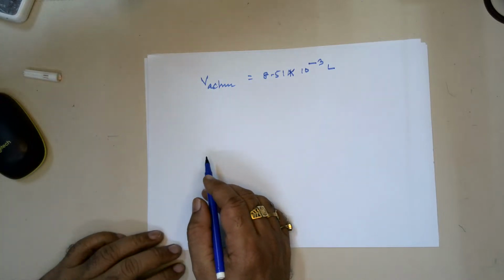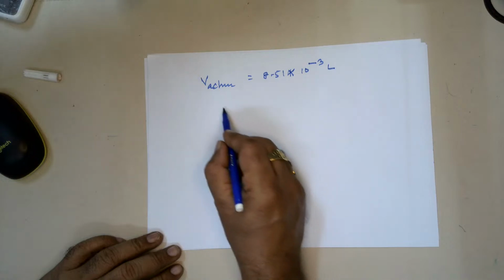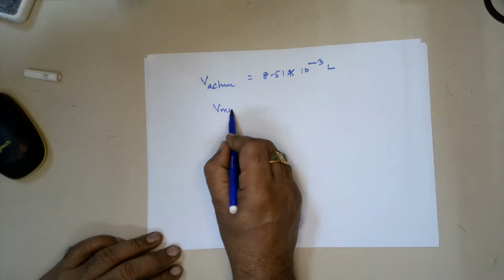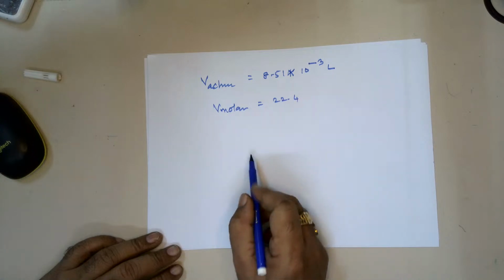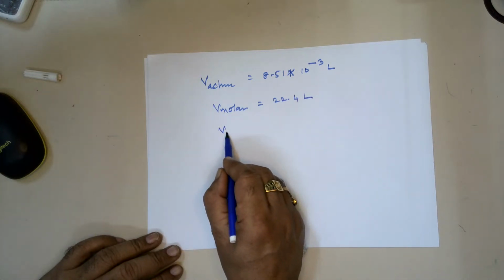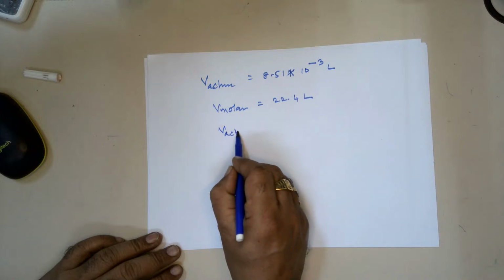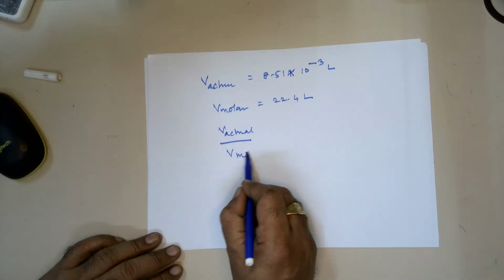What is the molar volume? The molar volume is 22.4 liter. That is Avogadro's volume, molar volume 22.4 liter at STP. Now what is asked here? V actual divided by V molar.